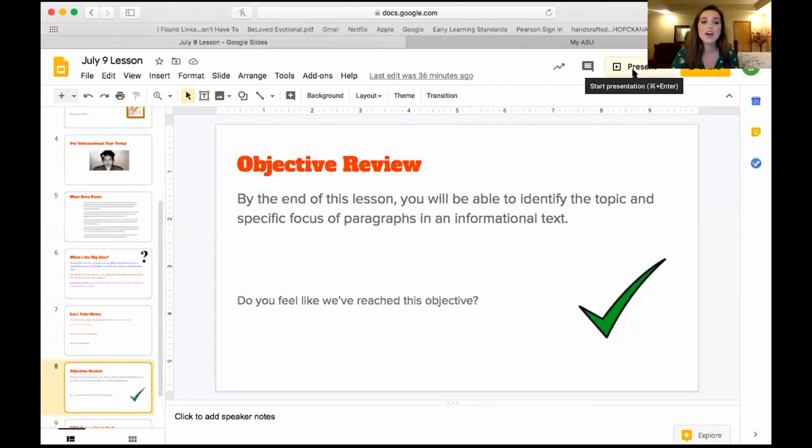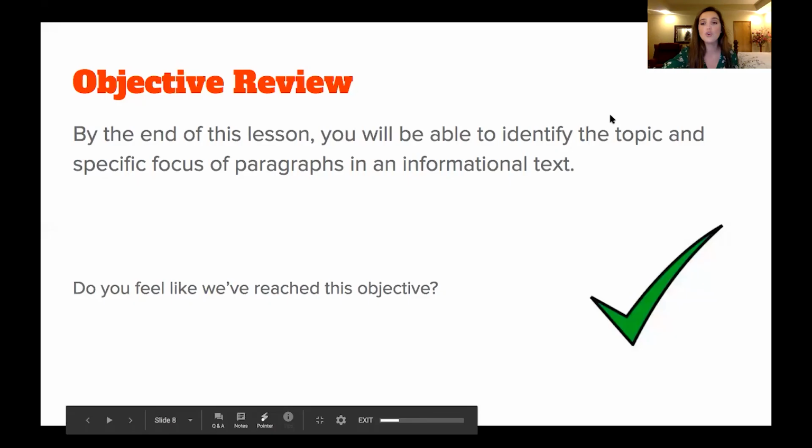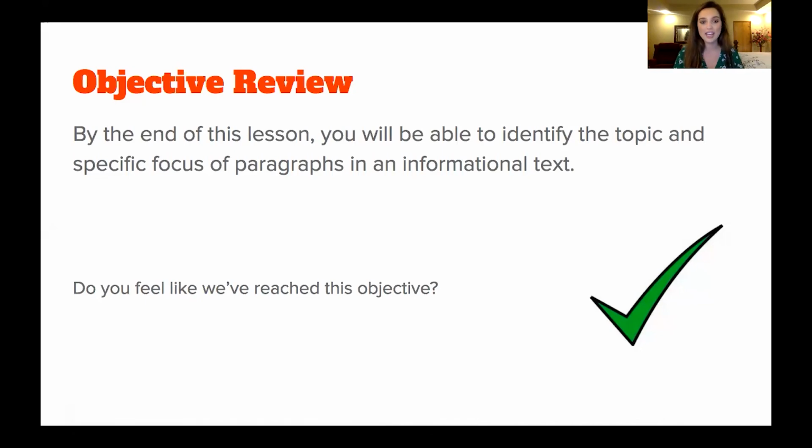We are just going to go over our objective, and it was, by the end of this lesson, you will be able to identify the topic and specific focus of paragraphs in an informational text. Do you guys feel like we've reached this objective? Thumbs up or thumbs down? Hopefully you guys are giving me a thumbs up. I certainly feel like I reached this objective and I had so much fun doing it and learning about an awesome woman like Rosa Parks.